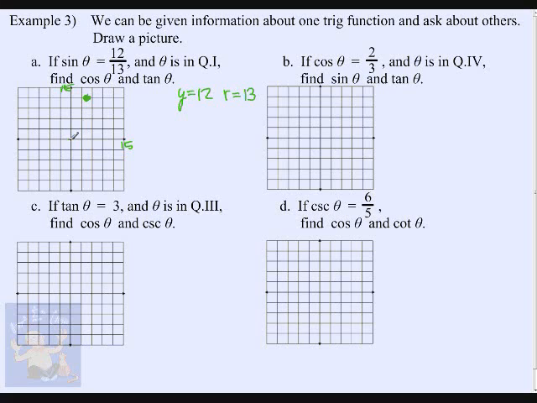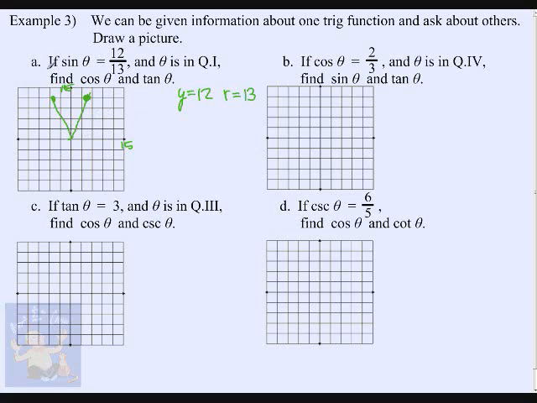So that's a possibility. What's another possibility? If this is 13 and this is 12, another possibility is right over here. That point could be right here. If this is a length of 13 and it's up 12, that could also be the angle.